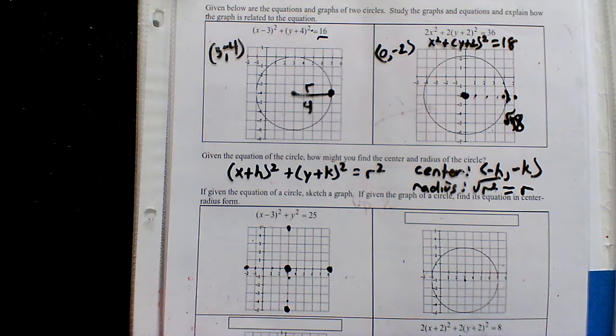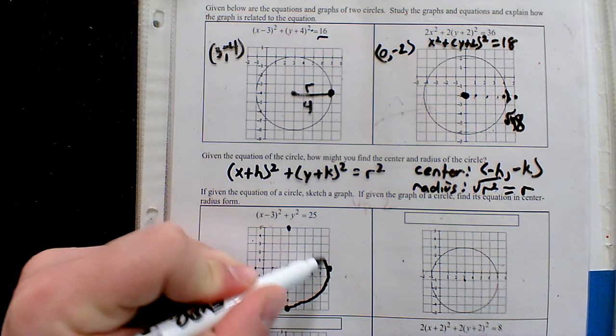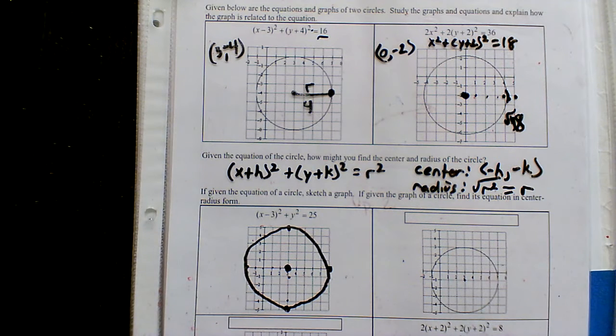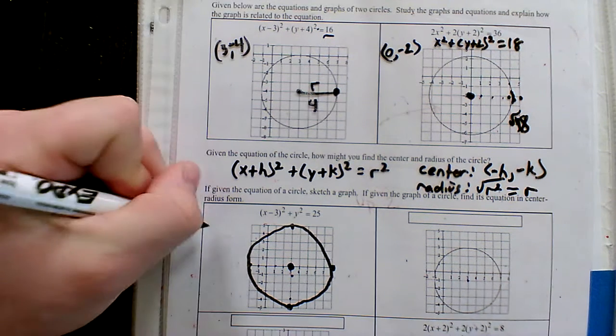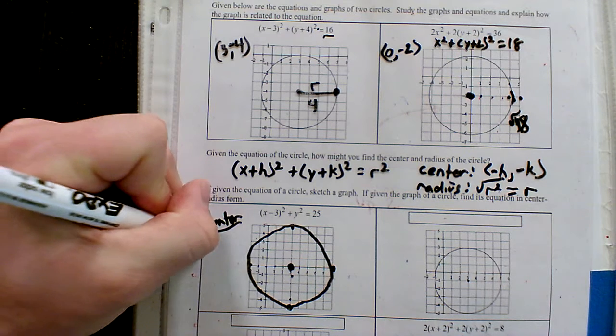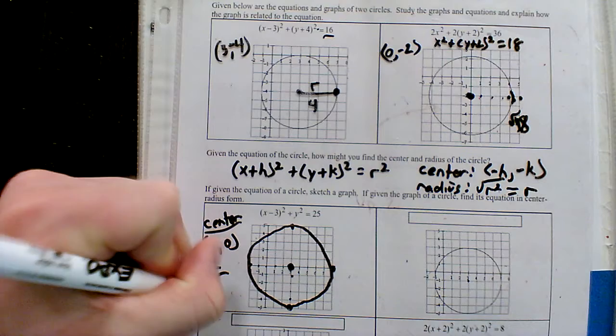We know our radius is going to go out 5 in all directions, and then just try your best to draw a circle. It's not going to be perfect. We're not all artists, but try your best to draw the circle. So the center was 3, 0. The radius is 5.